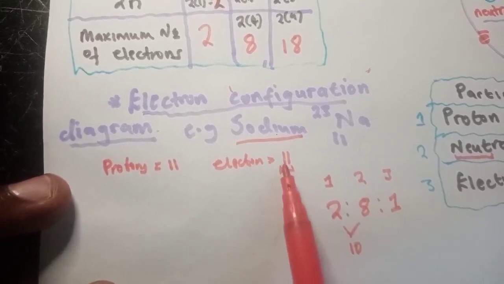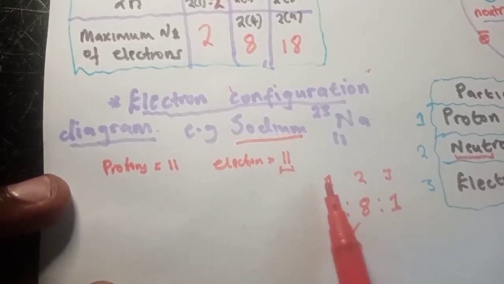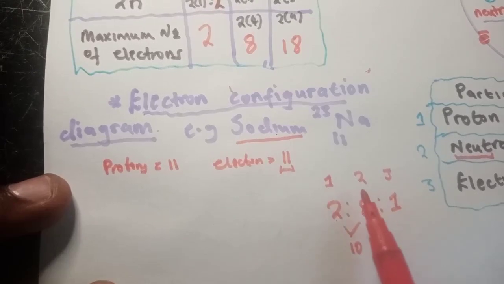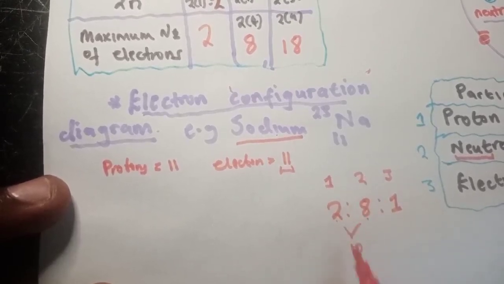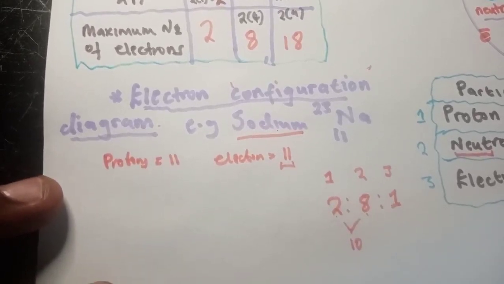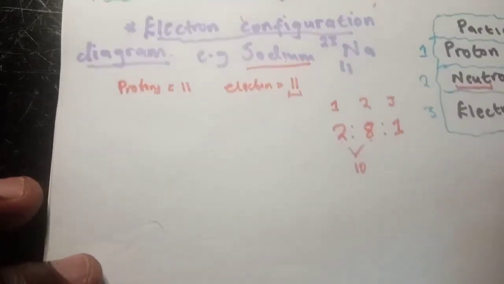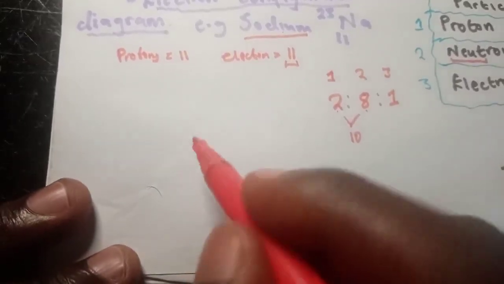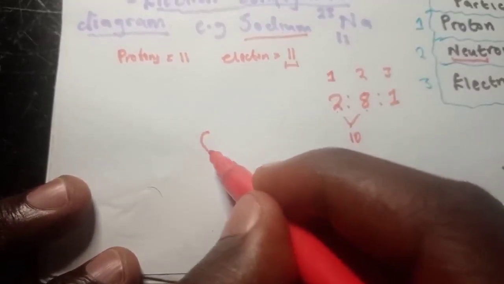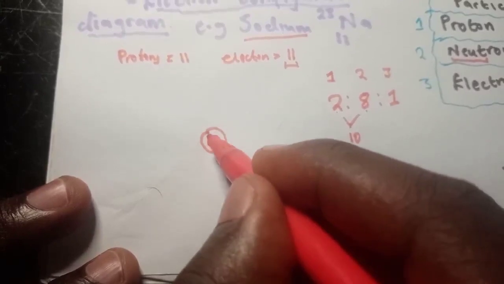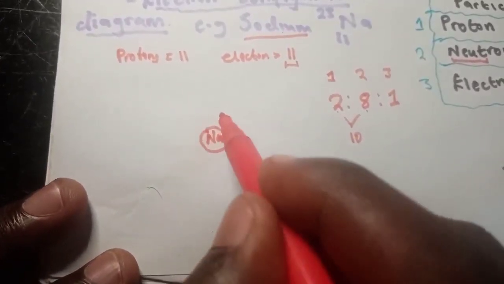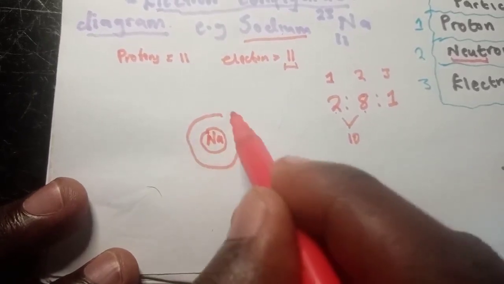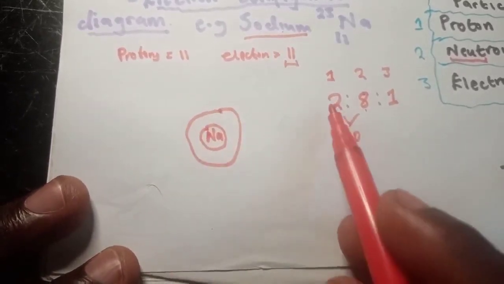Out of 11, 2 will go in the first shell, then 8 will go in the second shell. 2 plus 8 is 10, and you're remaining with 1 electron, which will go in the third shell. This is how you show them. This is my nucleus of sodium, and the first shell is going to have 2 electrons.